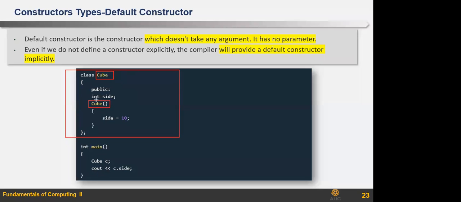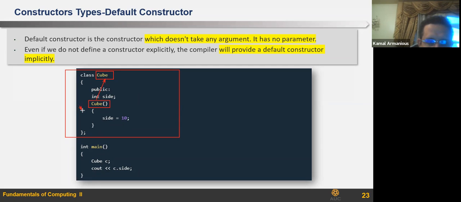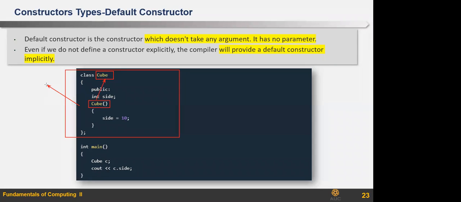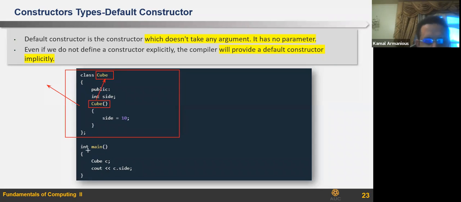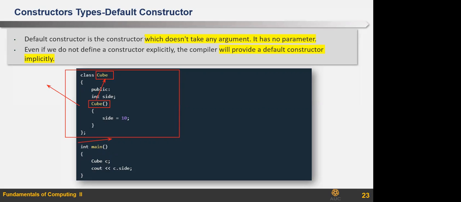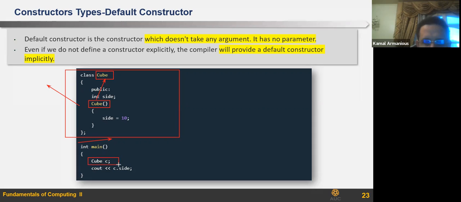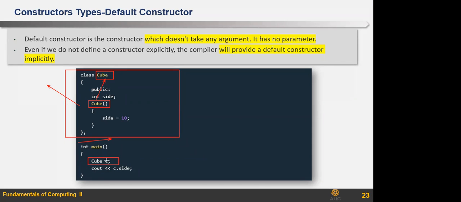This is number one. The constructor has no return value. So, let's go to this small and trivial main. What is C, Amira? Constructor?